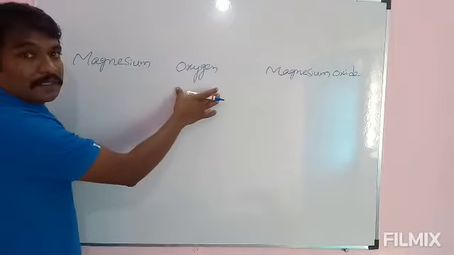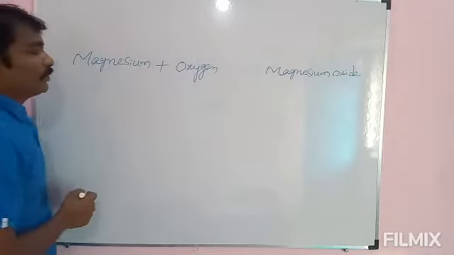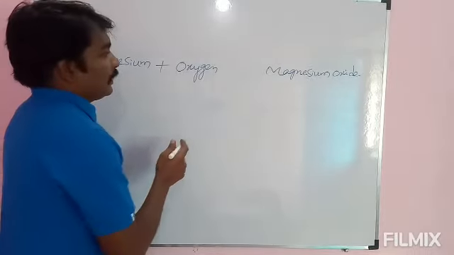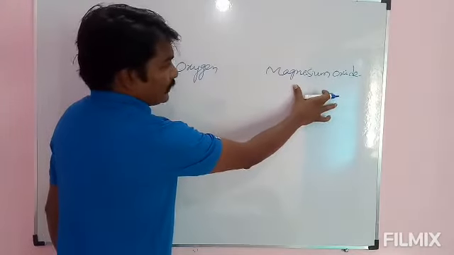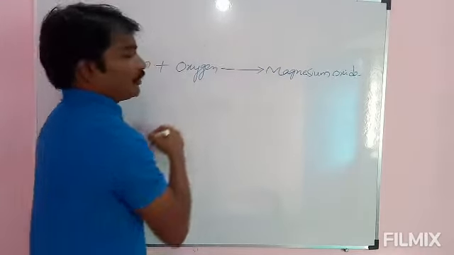Magnesium and oxygen react with each other, so we write a plus in between the reactants. And a new substance, magnesium oxide, is formed. To separate reactants and products we use an arrow mark.